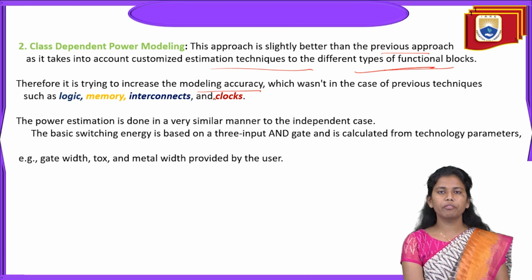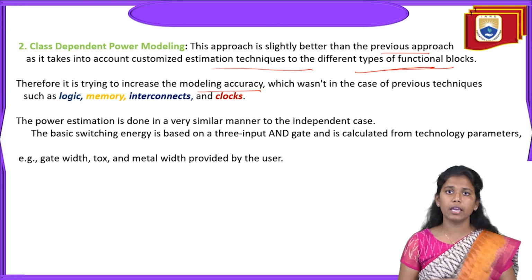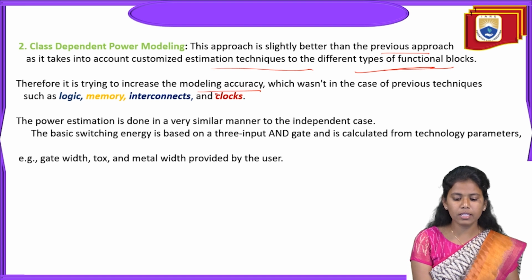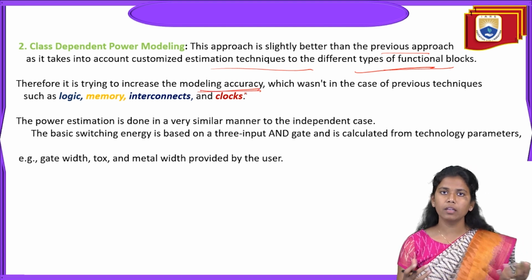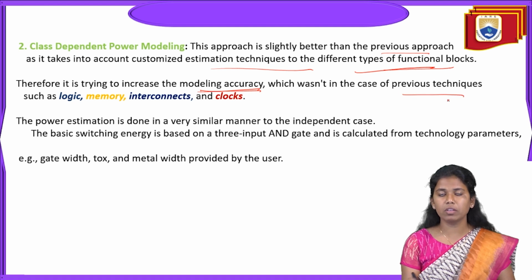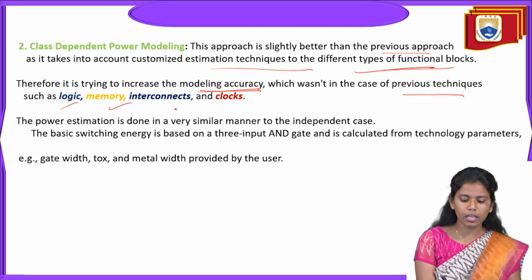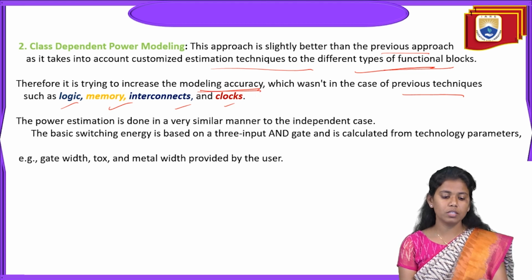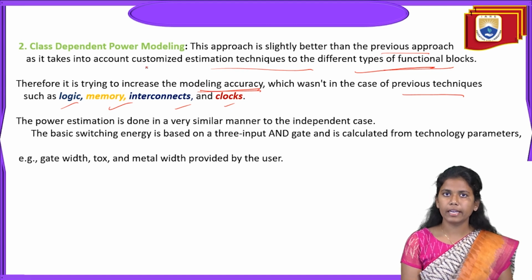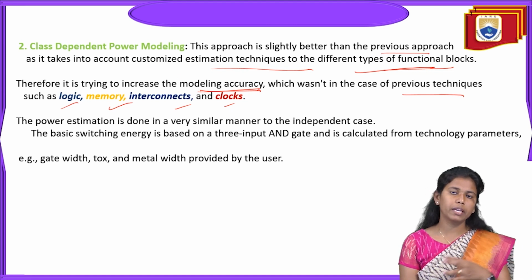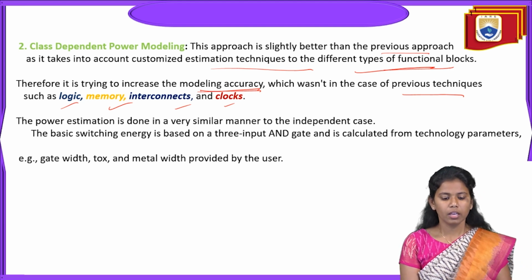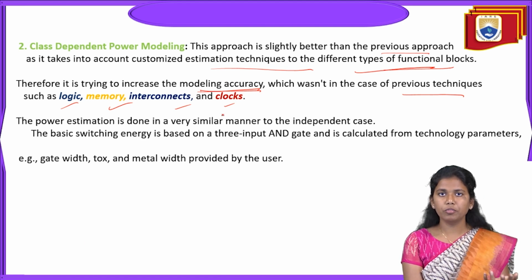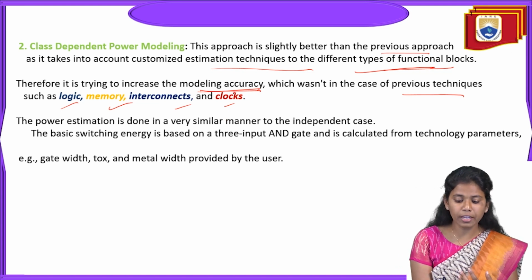What happens each time it checks each and every block is that the accuracy is increased, which wasn't the case in the previous techniques such as logic, memory, interconnects, and clocks. If you compare the class dependent power modeling technique with the class independent power modeling technique, there are many advantages, and it is very easy to consider this technique, because we can increase the model accuracy.